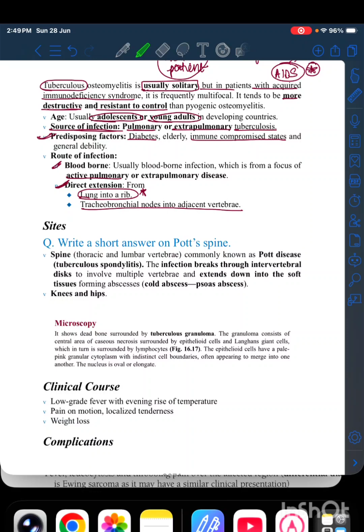Now what is Pott spine? Pott spine is important. It affects the thoracic or the lumbar vertebra, commonly known as Pott disease or tuberculous spondylitis.